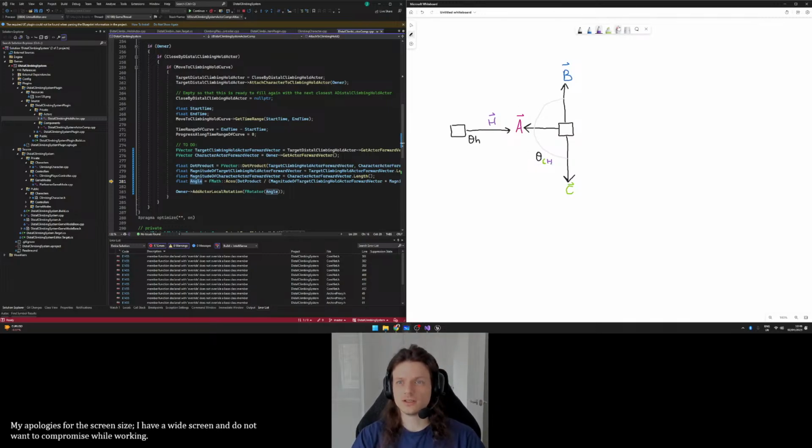So let me get there. I'm just going to put a line through this so we know where the wall was. And I'm going to say that there is a theta that we need to figure out here.